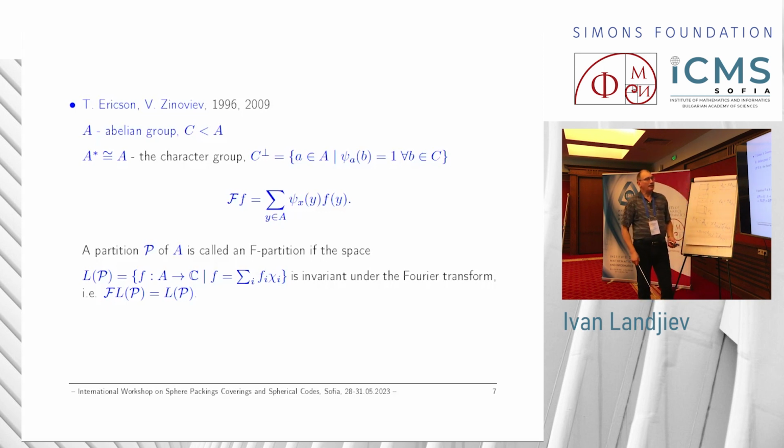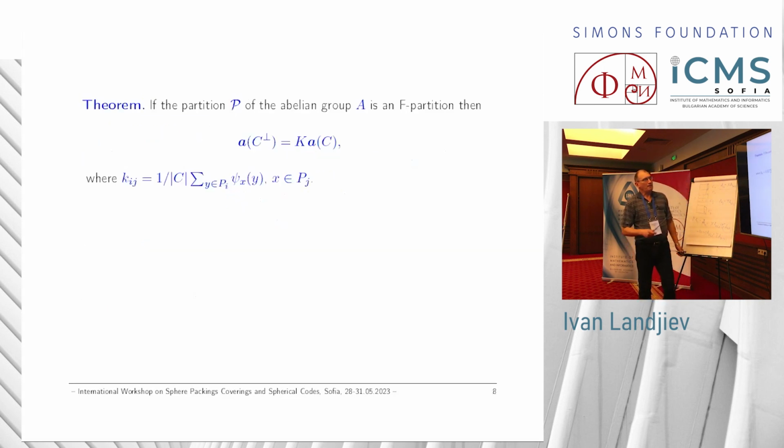If we have such a partition, there is a nice theorem. The spectrum with respect to this partition is defined in the usual way: the number of group elements from the code, because the code is a subgroup, which are contained in the particular part. This is A sub i, and all the A sub i's form some vector.